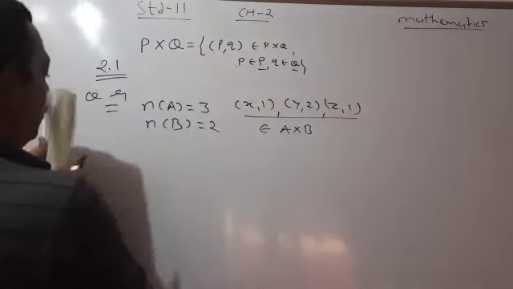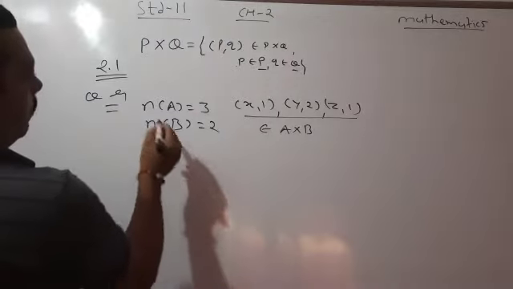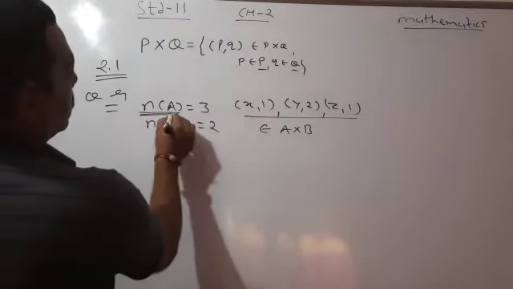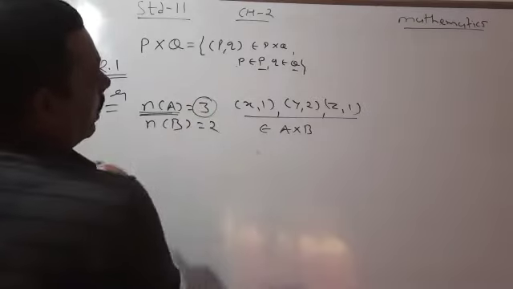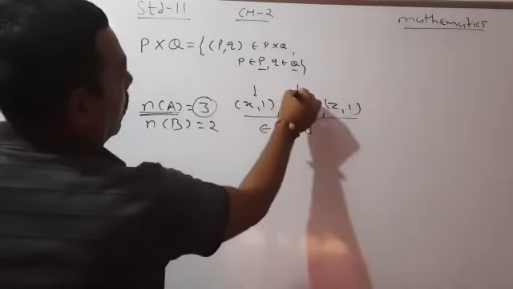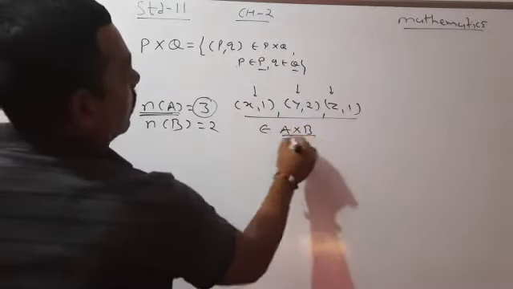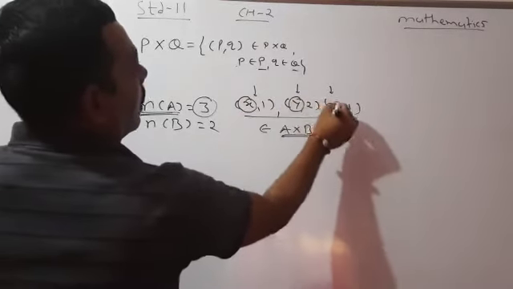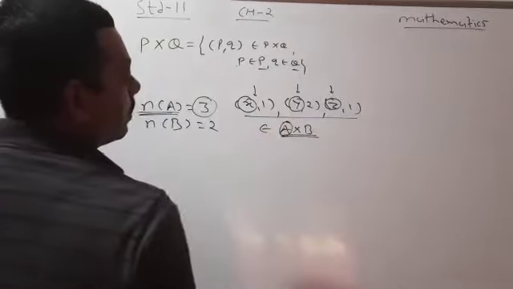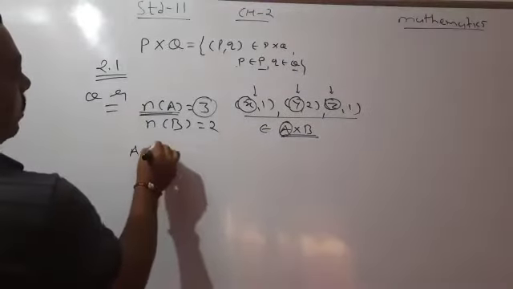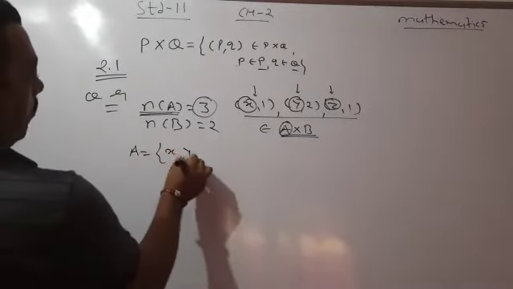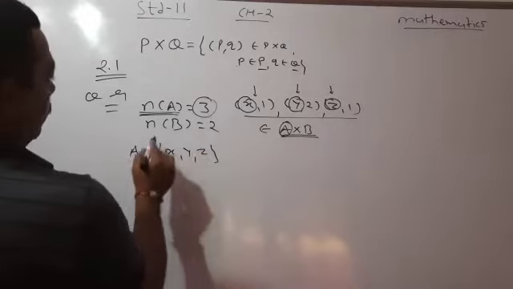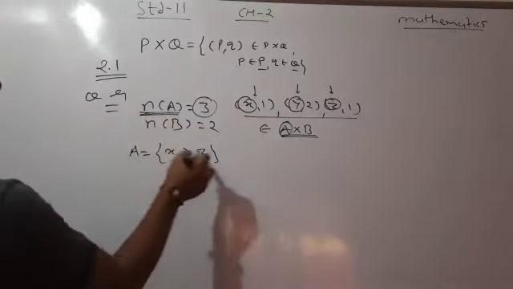Now, first of all, we know that the number of elements present in A is 3, and these 3 ordered pairs belong to A cross B. It means the first entry belongs to A. So we can say that the elements of A are x, y, z, which fulfill that the number of elements in A is 3.